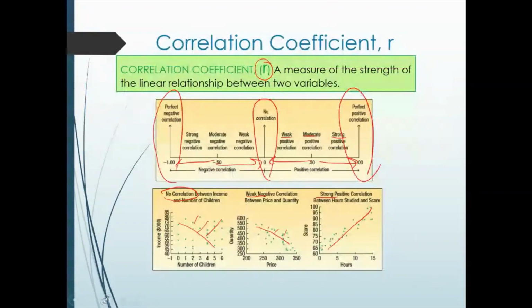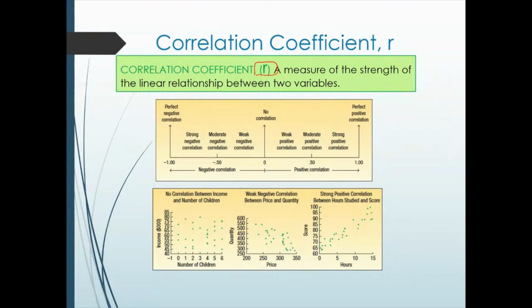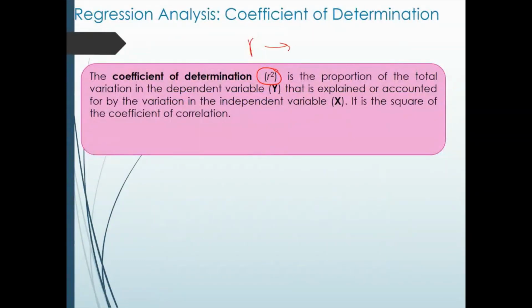I can go from R to R squared by squaring my R. By definition, the coefficient of determination, R squared, is the proportion, meaning percentage, of the total variation in the dependent variable Y that is explained or accounted for by the variation in the independent variable X. And like I mentioned earlier, it is the square of the coefficient of correlation, the square of R.